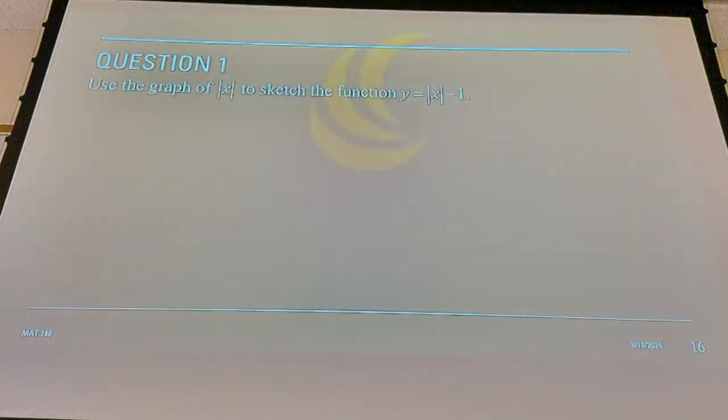So we're going to sketch functions. First, the absolute value of x minus 1.